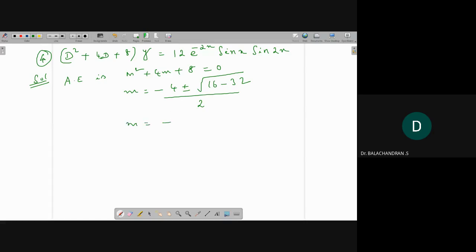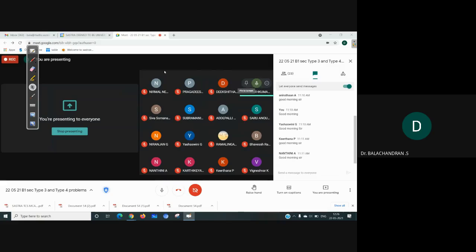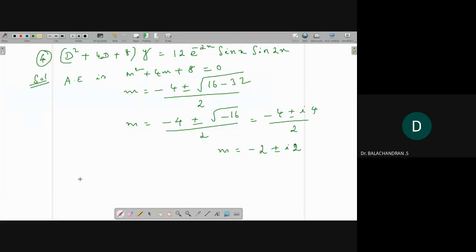So m equal to minus 4 plus or minus root of minus 16, so minus 4 plus or minus 4i by 2. What is m? Plus or minus i2. Is it correct, Ajit Kumar? Okay. So alpha is minus 2 and beta is 2.